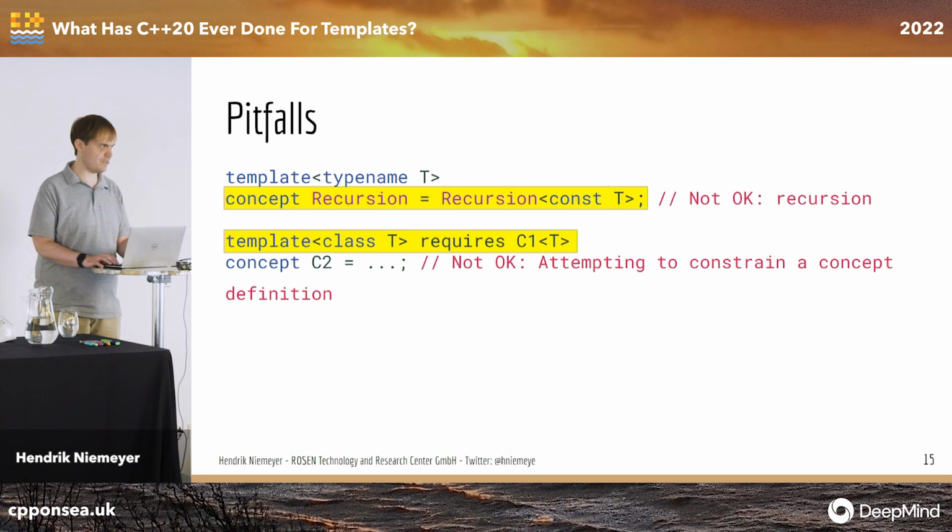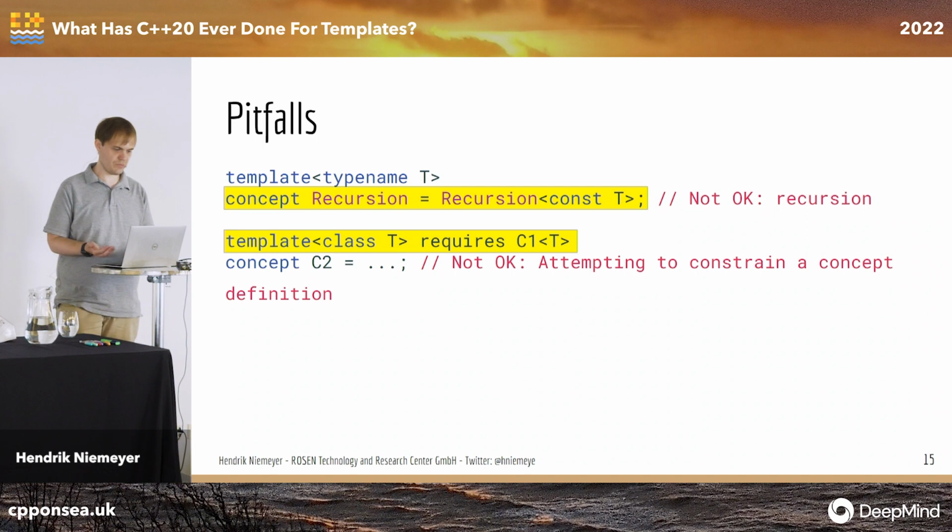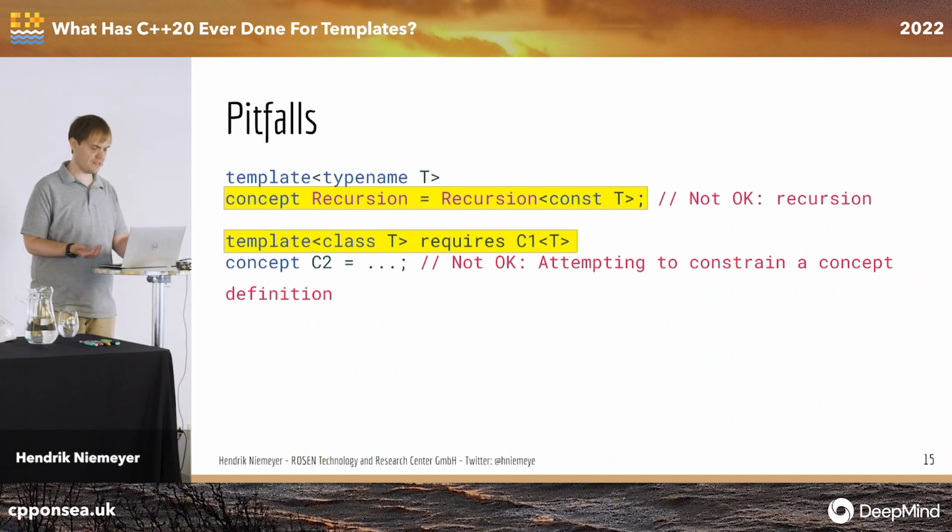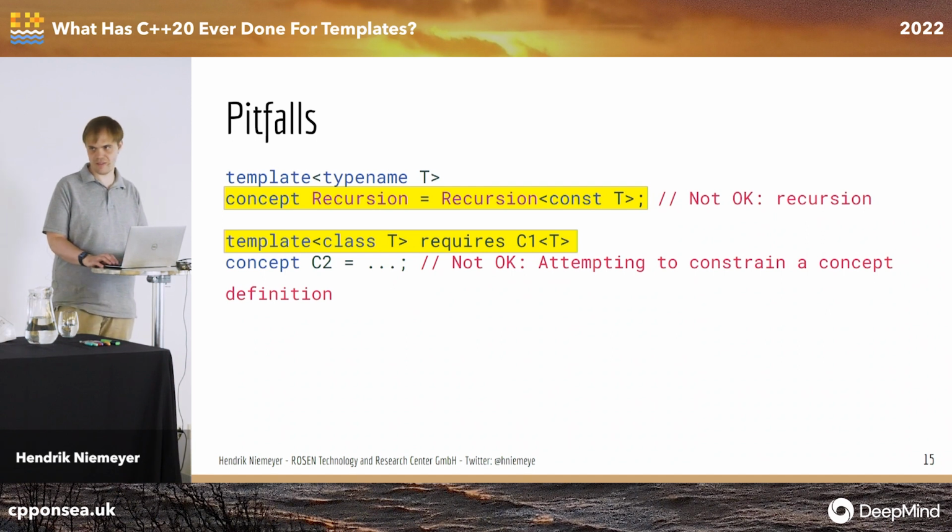And this is not legal C++, and it's also not necessary, because what this code basically says is our concept C2 is something, which is here hidden by the 3 dots, but it also needs to fulfill C1. And for that, I don't need a requires clause here. I can just put a logical AND in there, and then C1 of T. So that's not legal C++, and that would be the common pitfalls.